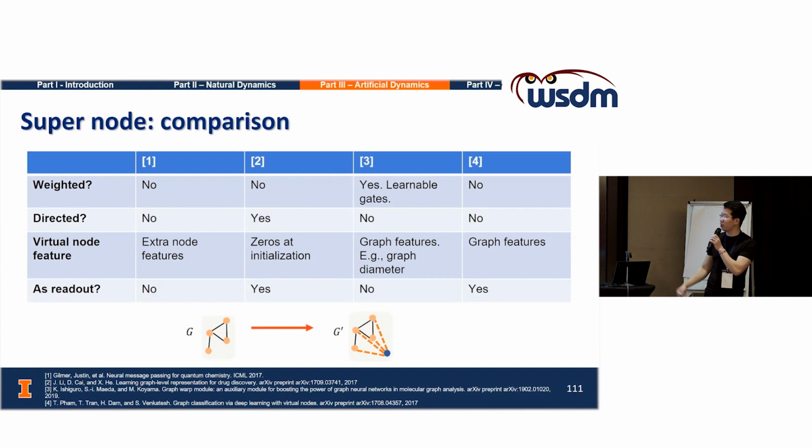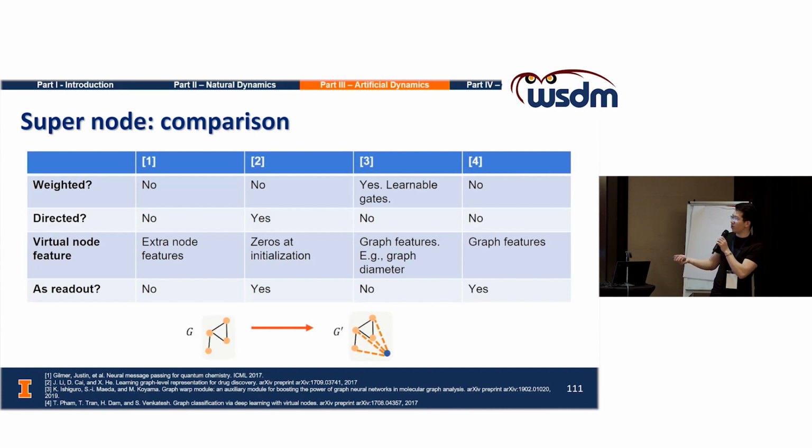The reason is that they try to use the supernode to serve as the readout function. If the link direction is from the original node to the supernode, then inserting the supernode won't affect the message passing among the original nodes, right? The third difference is the node feature of the supernode. Works 1, 3, and 4 set the supernode feature at a different dimension compared with the original node.